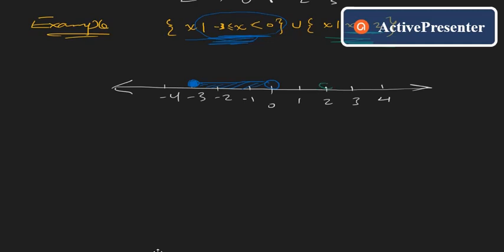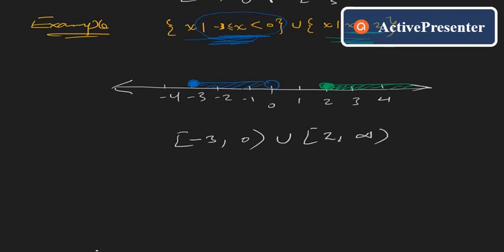So it is here closed and x is greater, so it is going like this. So the union of these two sets is simply from minus 3 closed to 0 open, union from 2 closed to infinity.